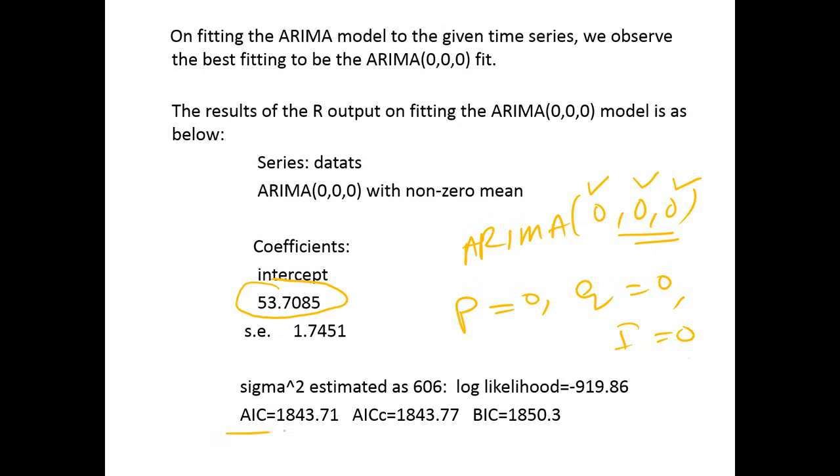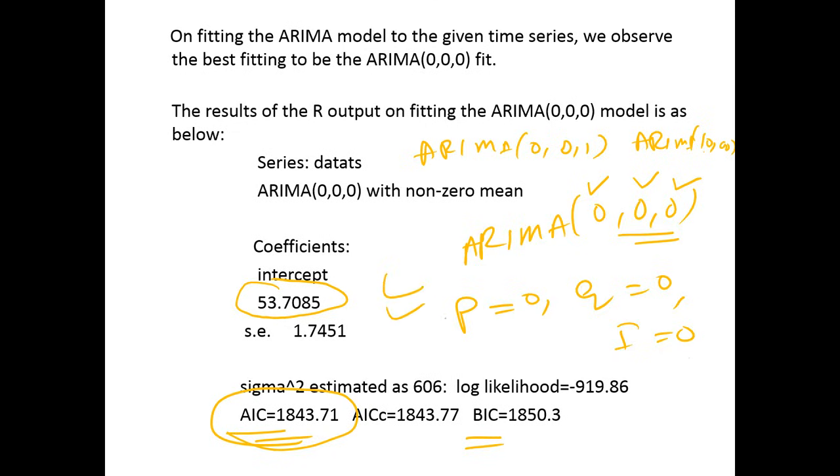You also have the AIC and BIC. You can try out other models like ARIMA(0,0,1), ARIMA(1,0,0), ARIMA(1,1,1), ARIMA(1,0,1), and look at the AIC or BIC values, right? You will see that they are higher than this.